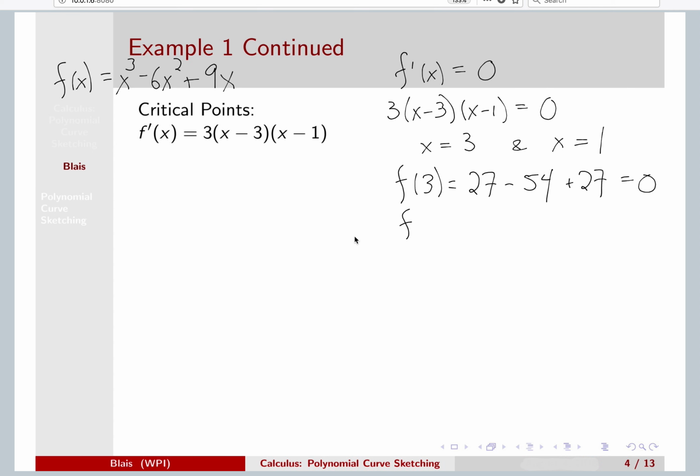Then we get f of 1, which will be 1 minus 6 plus 9, or 10 minus 6, or 4. So our critical points are the points (3, 0) and (1, 4).